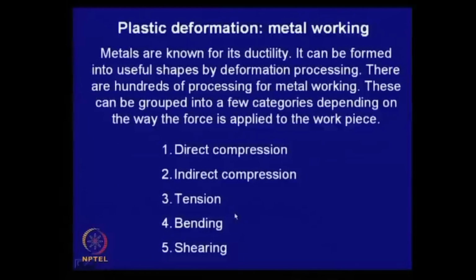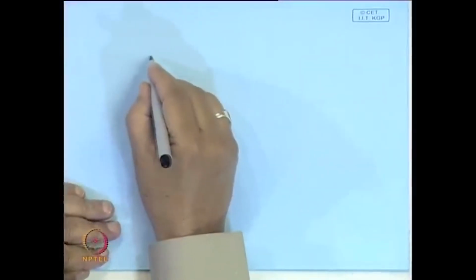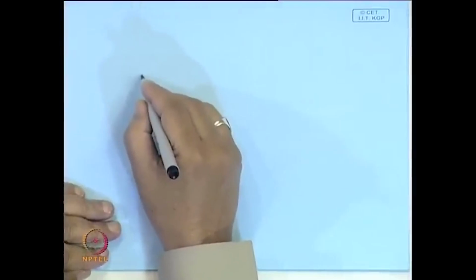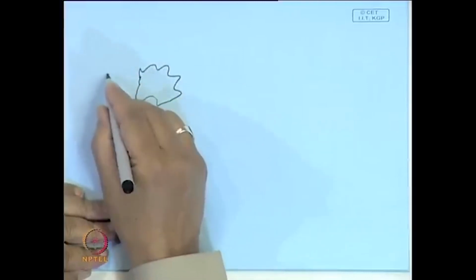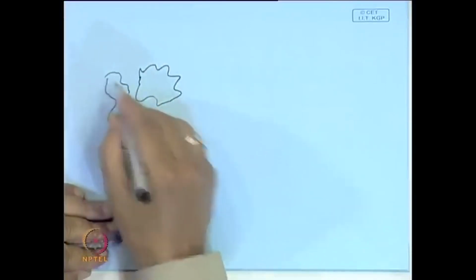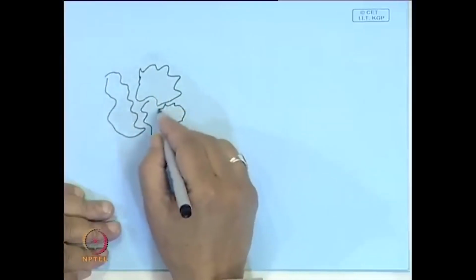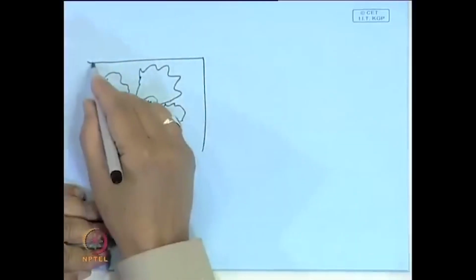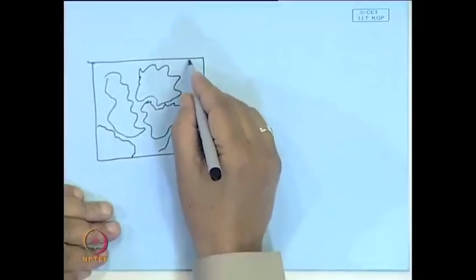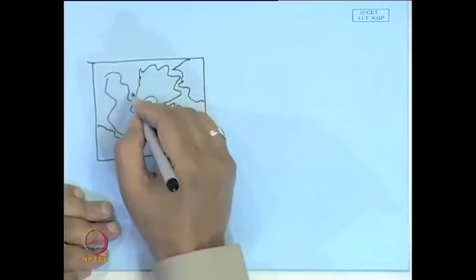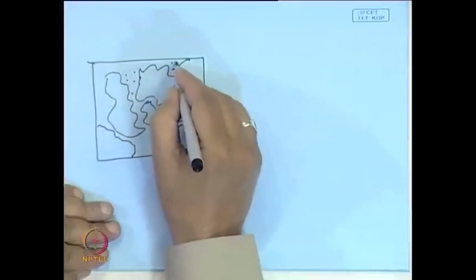There is a lot of segregation in the material, and if we recollect our earlier lecture, when a metal solidifies, dendritic structures form. There are different grains, and if you look at this structure of metal, you will find these types of dendritic grain structures and interdendritic channels, and often you have precipitates.